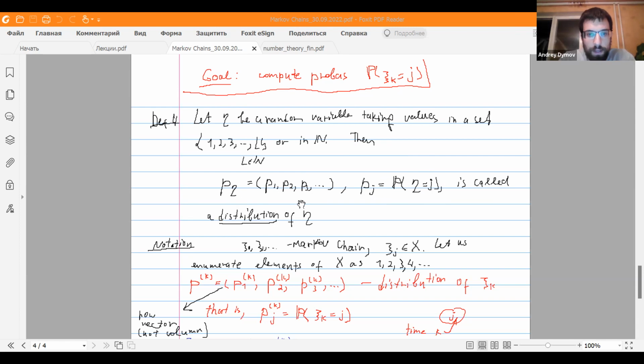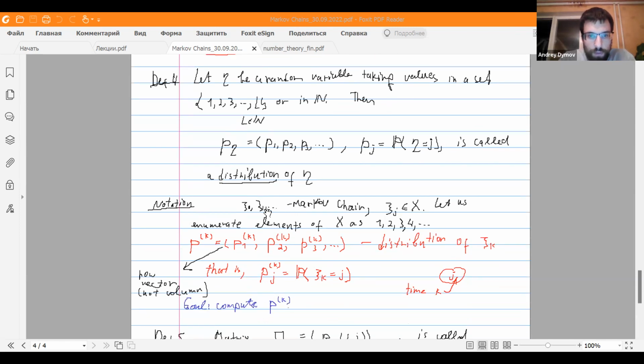Okay. So next, let us consider some Markov chain xi0, xi1, and so on, on some state space X, and let us enumerate elements of this state space just by natural numbers. I recall that our state space always has at most countable cardinality.